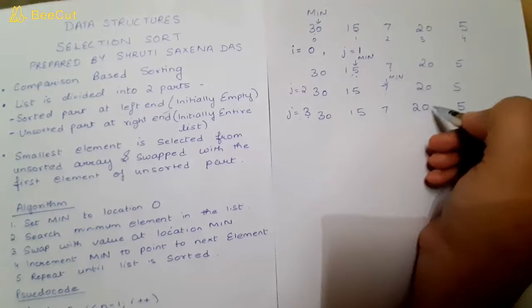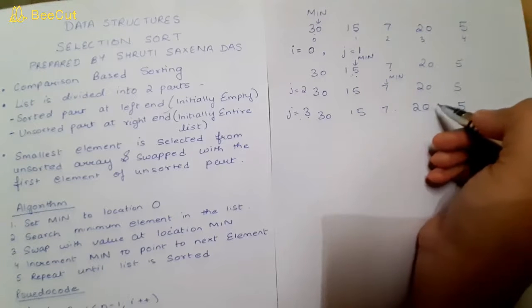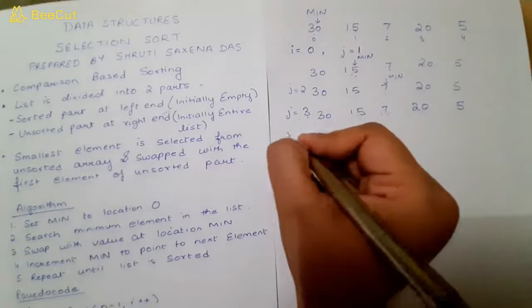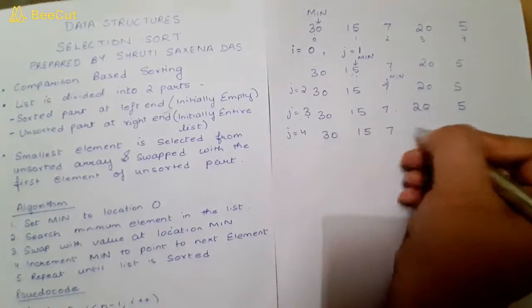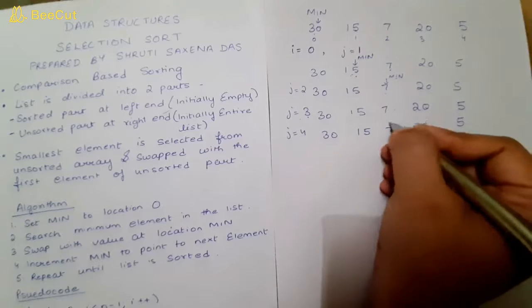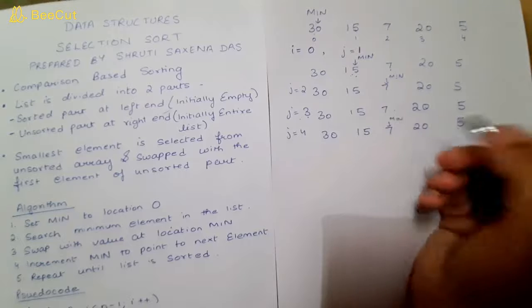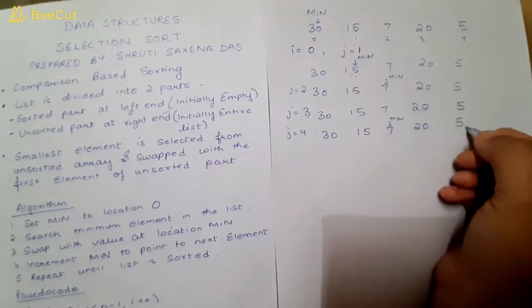As a of j is larger than a of min, we are not going to replace it. Now j will be incremented, j equals 4. The element at a of j is 5. 5 is less than a of min, which is still 7, so we need to update it. So in this case 5 will come here, 7 will come here.